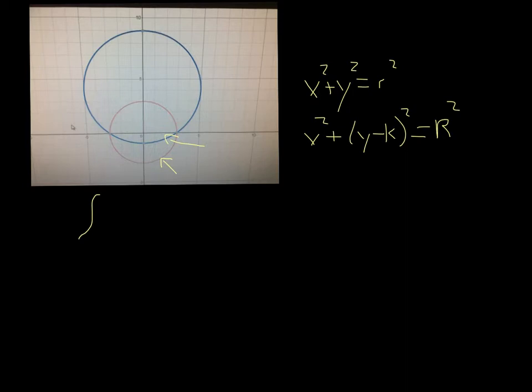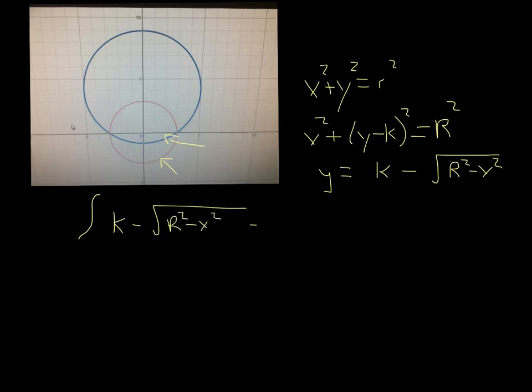If we rearrange our equation the same way that we did in part one, then we would end up with k minus the square root of R squared minus x squared for our first function. And then we would be subtracting the square root of little r squared minus x squared dx to finish it off.